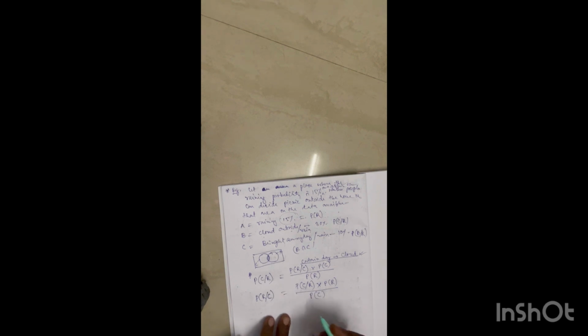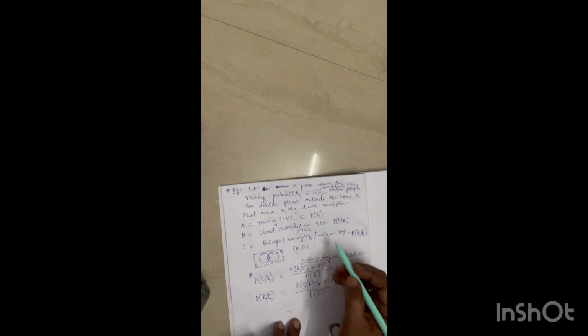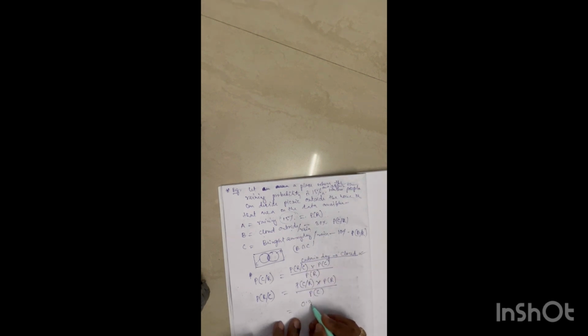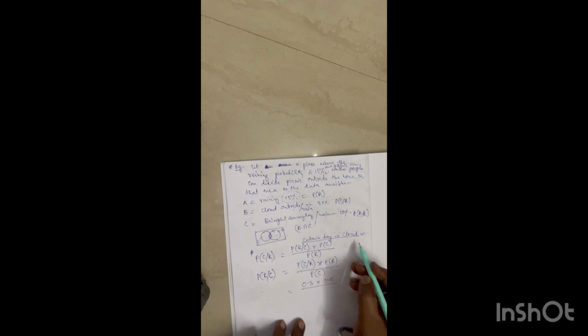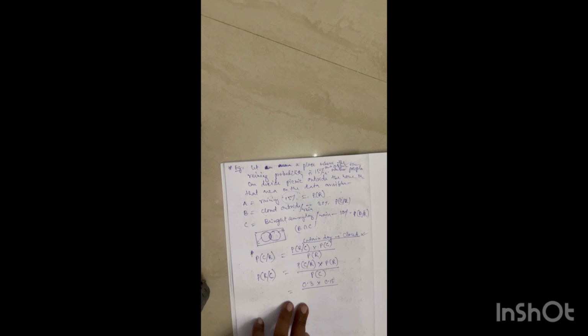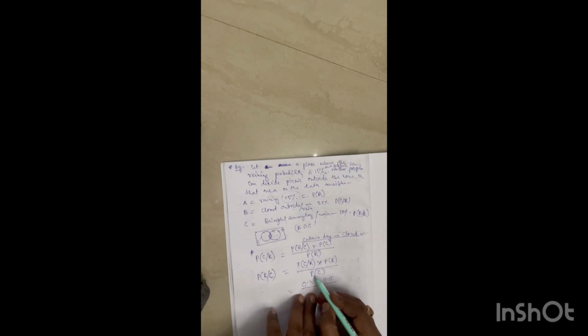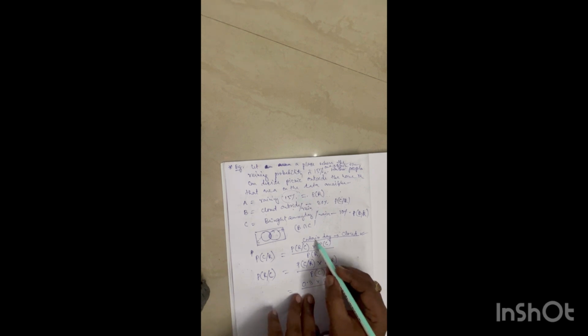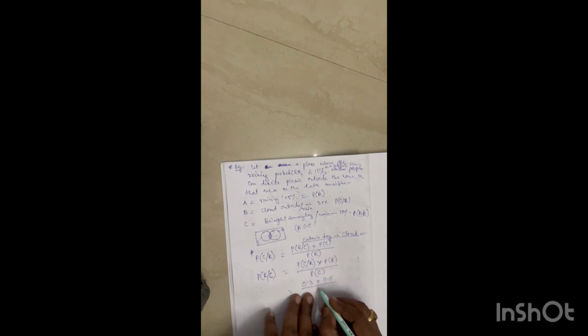Now this probability of cloud and rain is 30%, that means 0.3, into the probability of rain, which is 0.15, and the probability of cloud: you can see there is a cloud outside, so it is already 100%, there is no probability, the fact is happening, that means it is 1.